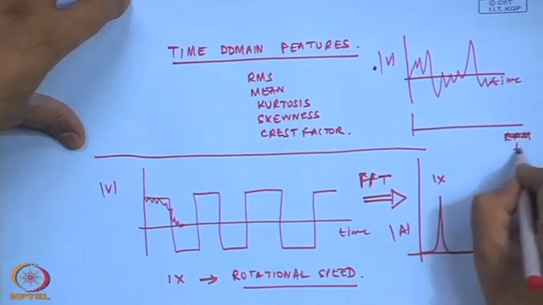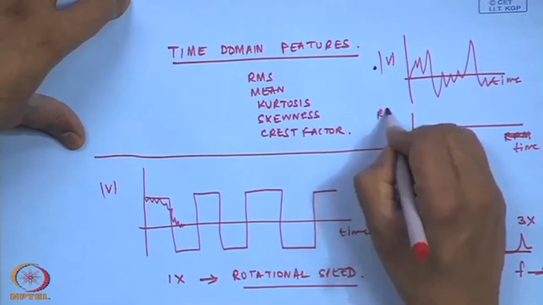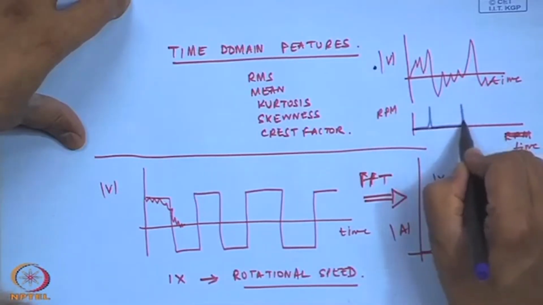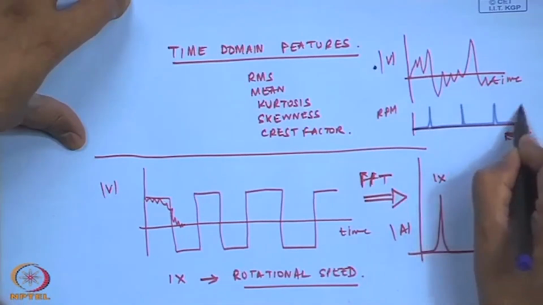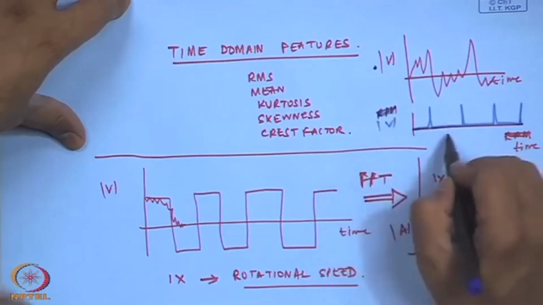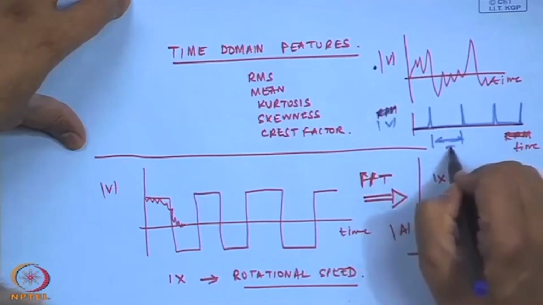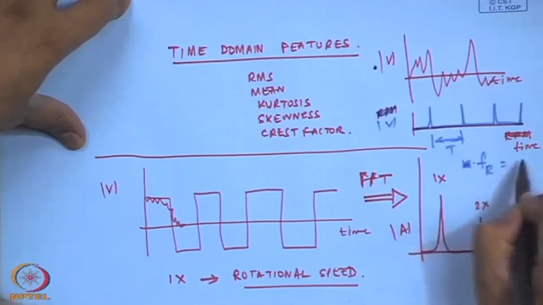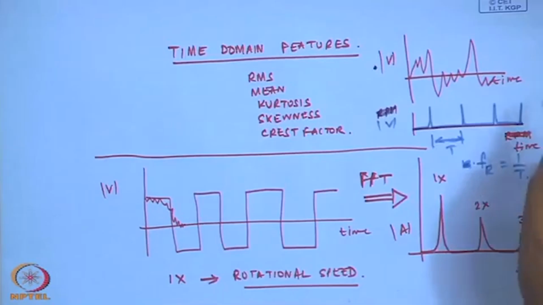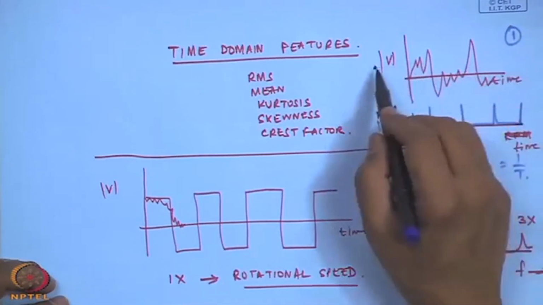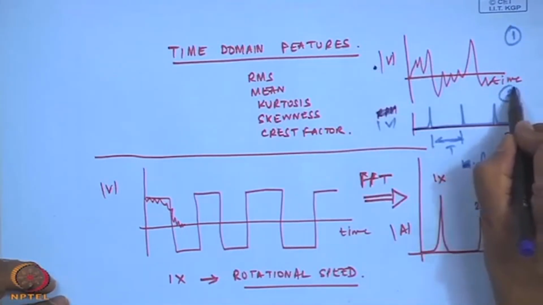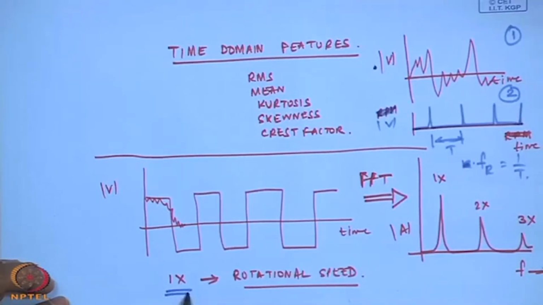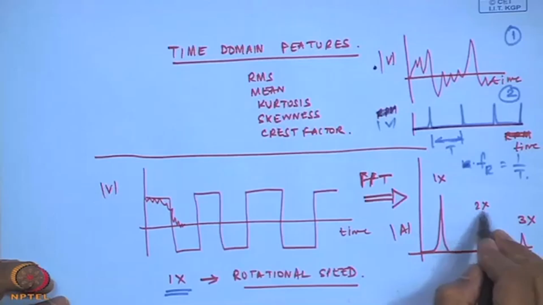This is also a time domain signal, and you will usually get a peak of some voltage, and this is your time period, and the rotational speed f_r is equal to 1 by T. So, it is always good to measure vibration and then the rotational speed, because once we have the rotational speed you will get a good estimate of 1x and then you will get 2x, 3x, etc.